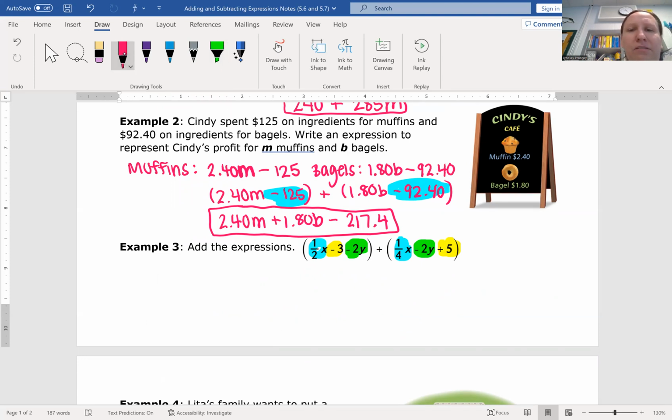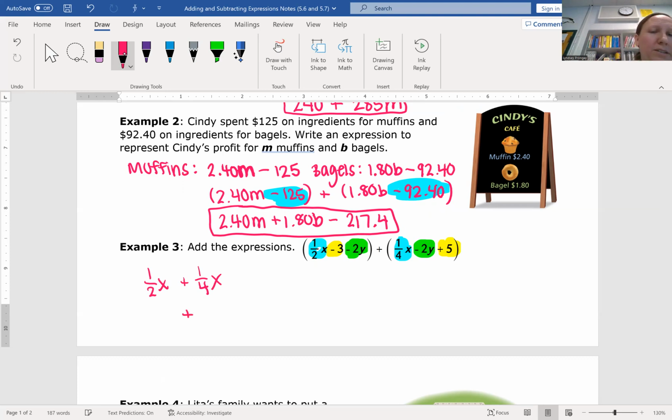Okay. Now let's just get those fractions taken care of right off the bat. If it's 1/2 x, I'm going to write it on the side, 1/2 x plus 1/4 x. They're x's, that's why we can put them together. They need to have a common denominator. So 2 and 4 both go into 4.